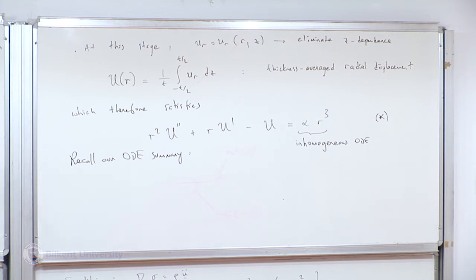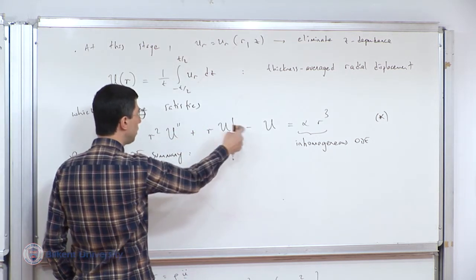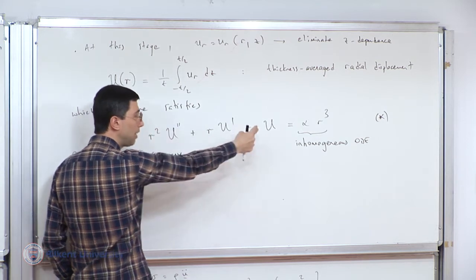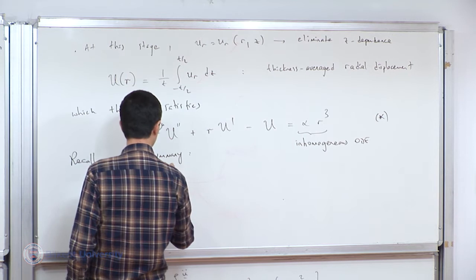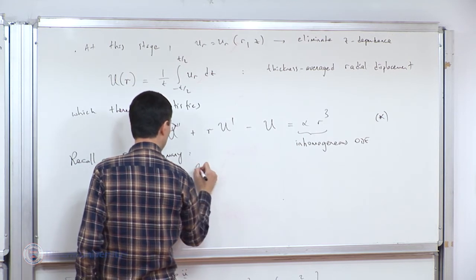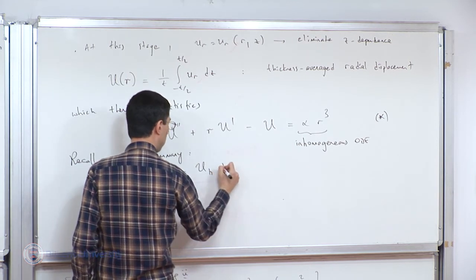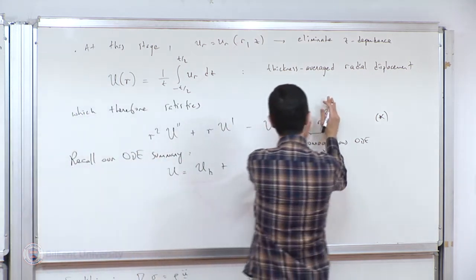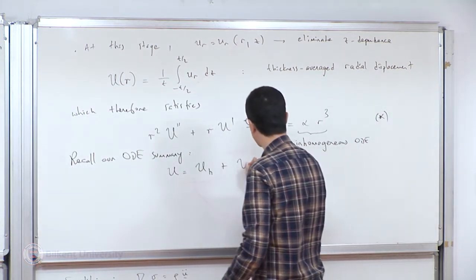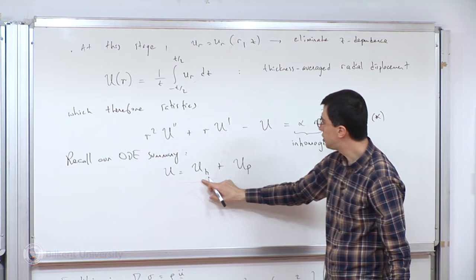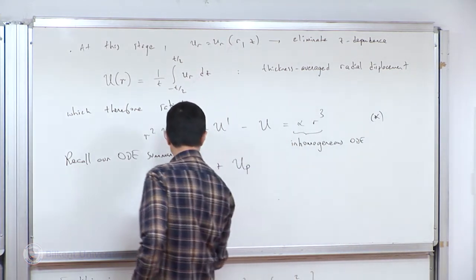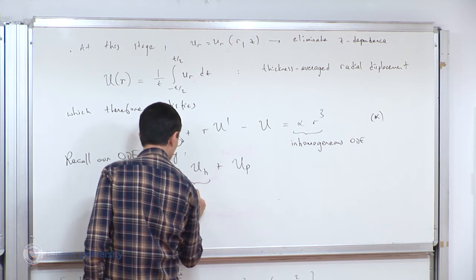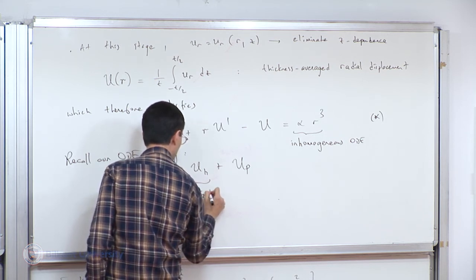So, second order, linear, non-constant coefficients, but the left-hand side we know how to deal with, and that's important because if it's inhomogeneous, then the solution takes a homogeneous part, in other words the solution with this omitted, plus a particular solution. And the homogeneous solution I already know, and I don't need to do it all over again. U_H is equal to some constant C1 times r plus C2 over r.